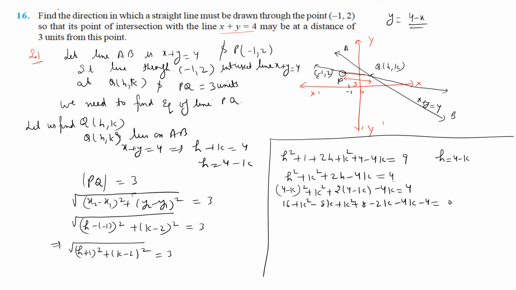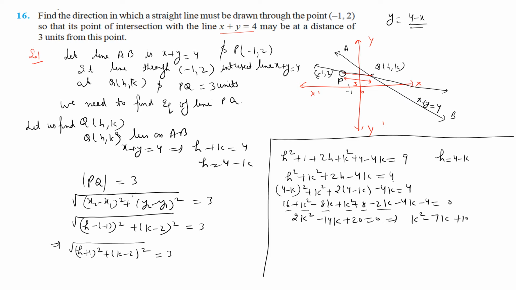What we get is 2k square, minus 8k minus 6k, that is minus 14k, and 16 plus 8 is 24, minus 4 is plus 20, equals 0. I can reduce it a bit further: k square minus 7k plus 10 equals 0.